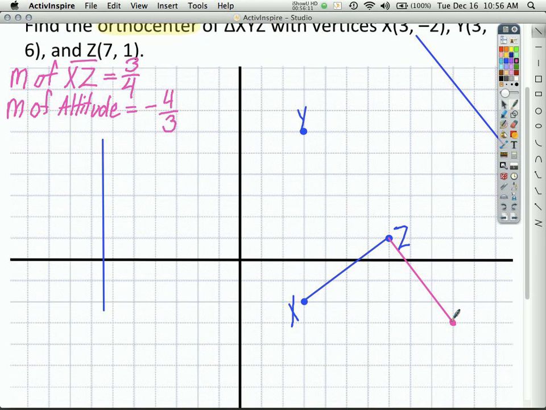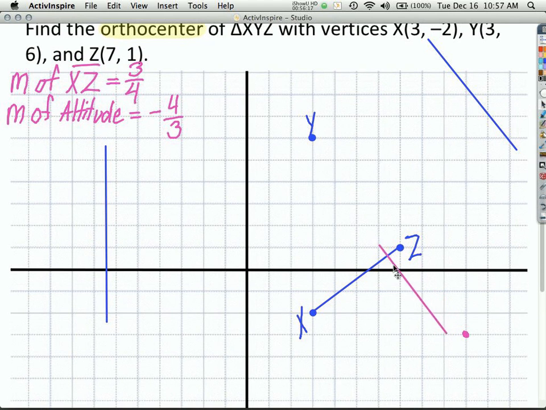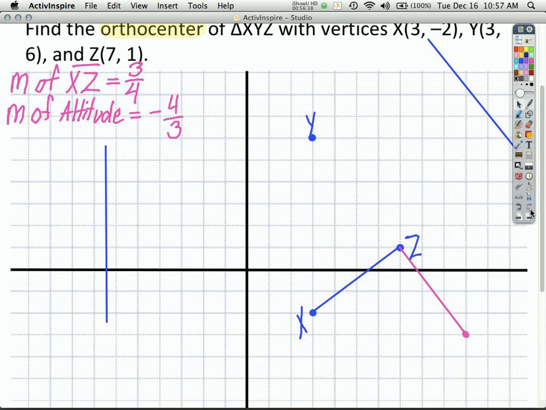But the question is, is that the correct perpendicular? Because look, watch what I can do. That's perpendicular, that's perpendicular, that's perpendicular. In fact, if I extend it all the way over here, all of these will be perpendicular. So the question is, where is the altitude, the one that goes through that point? We have to find that perpendicular line, okay?